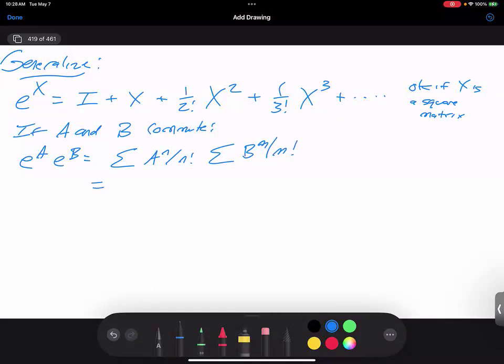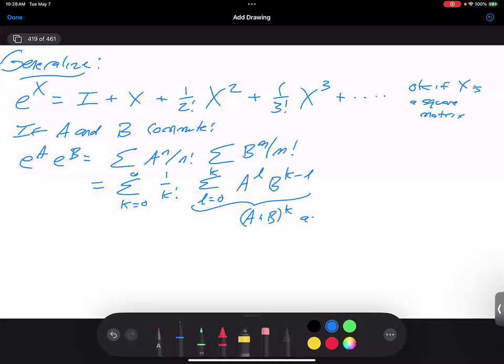Similar to what we had a moment ago, it would be the sum, k goes from 0 to infinity, 1 over k factorial, the sum L goes from 0 to k of A to the L, B to the k minus L. And then this is A plus B to the k as they commute.